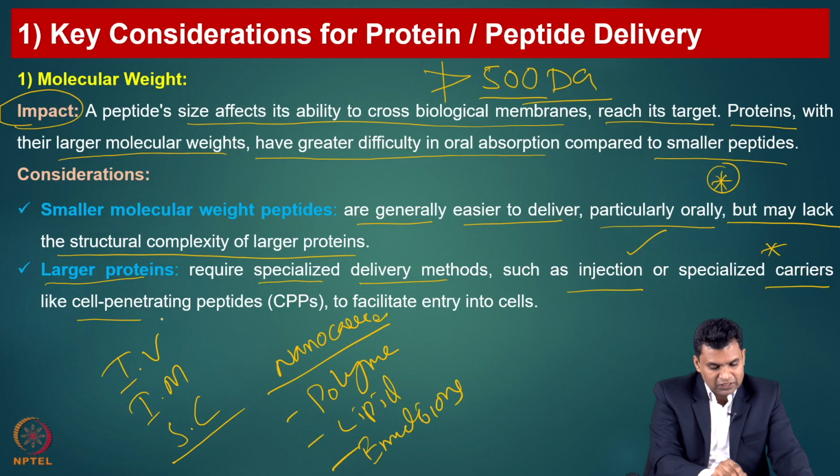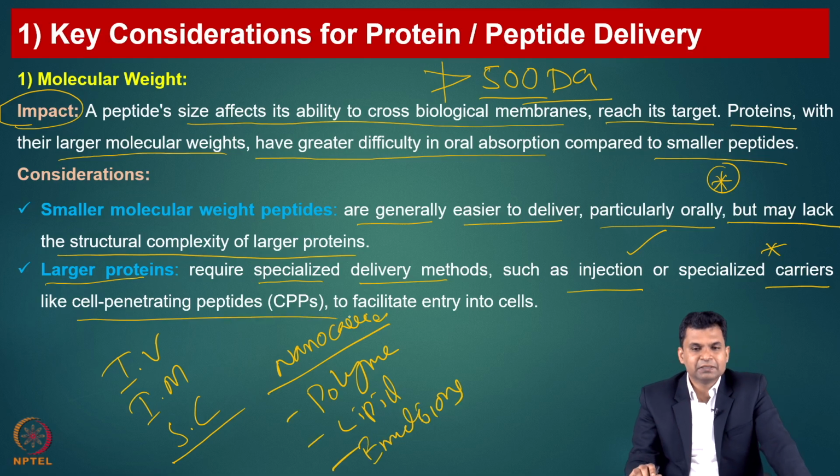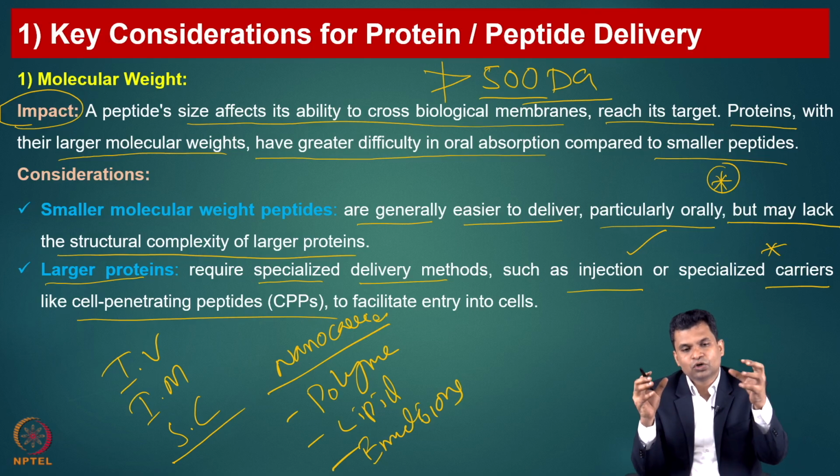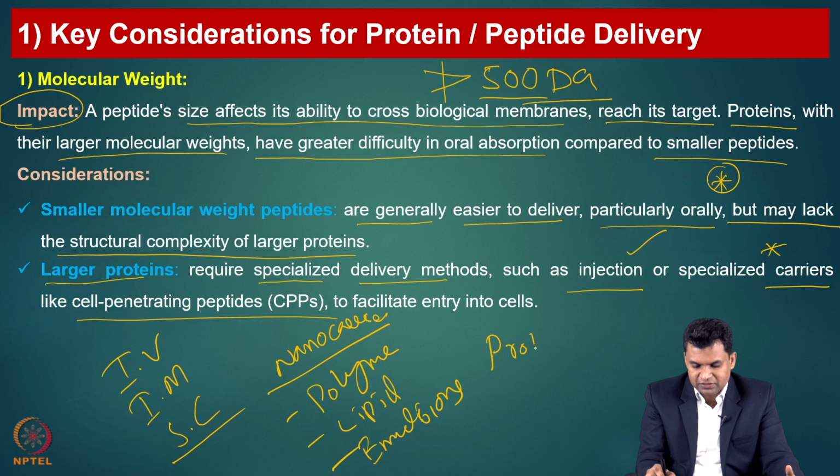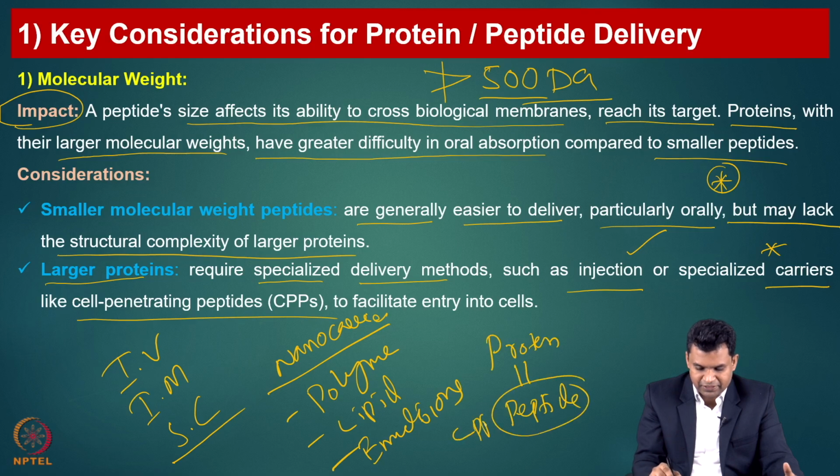And you can also use a cell penetrating peptide, which will help as a carrier. You need to conjugate your protein with this peptide. This peptide is CPP, the cell penetrating peptide.